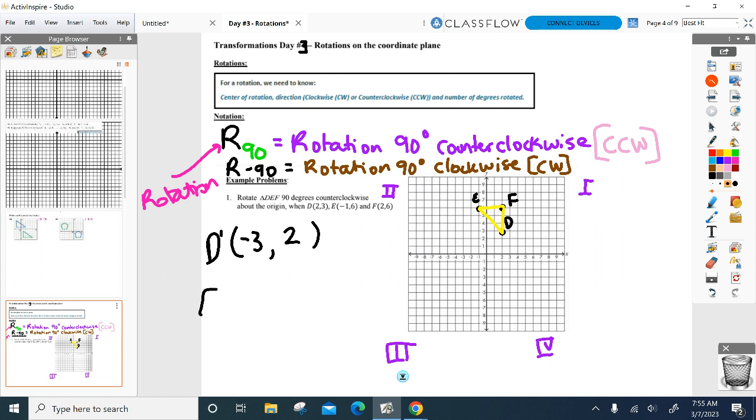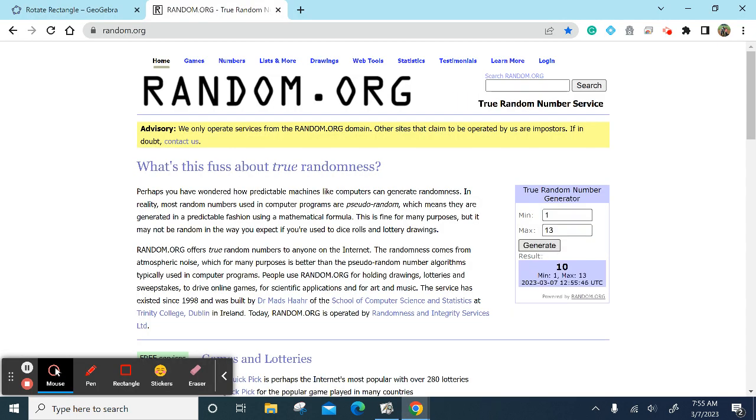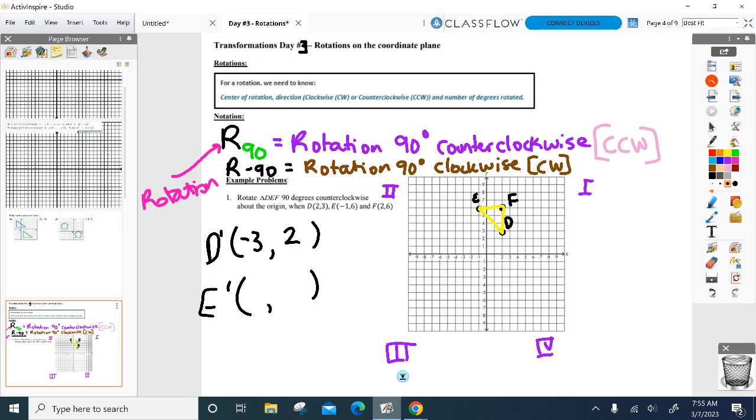Can anybody tell me where E is now so I can write what E prime is? Where's your point E now on this new graph after you turned it? -6, -1. Great job. And now everyone look at where F is.